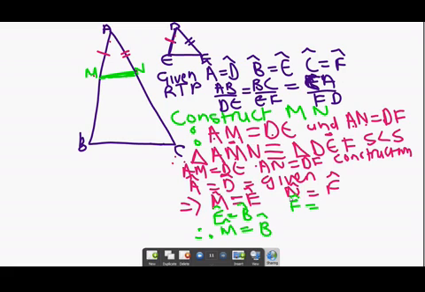Angle F is equal to angle C. Therefore, angle N is equal to angle C.